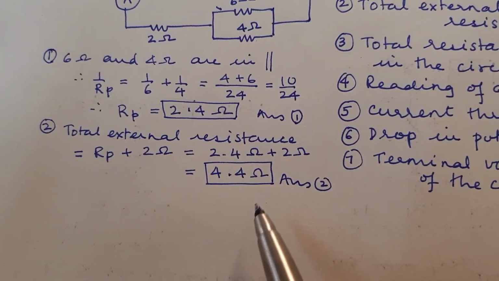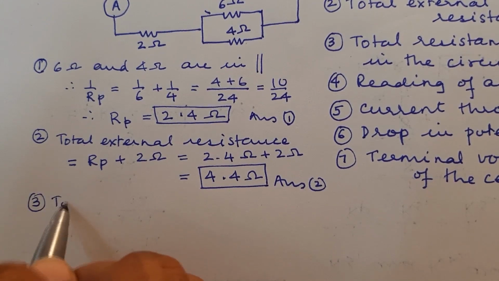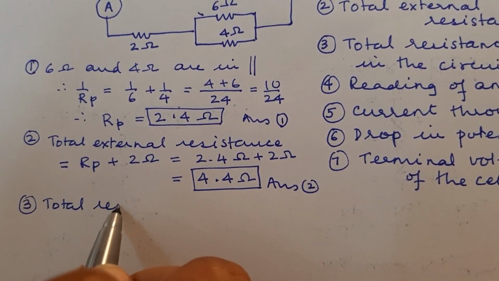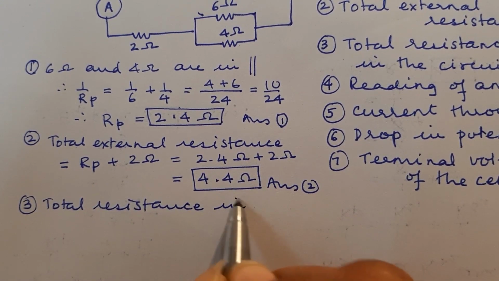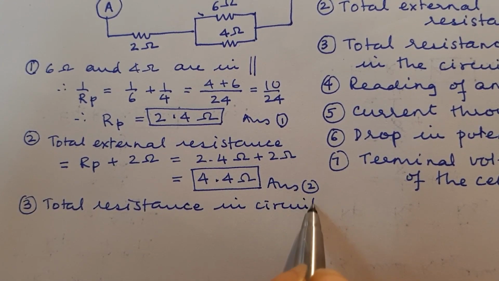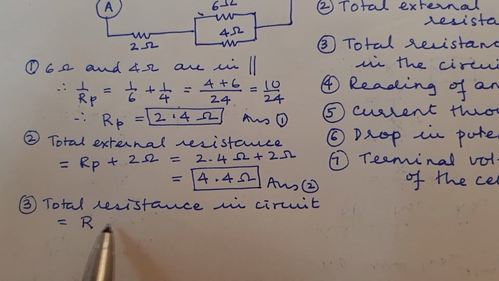So we shall write now number 3, total resistance in circuit will be equal to external resistance plus the internal resistance of the cell.